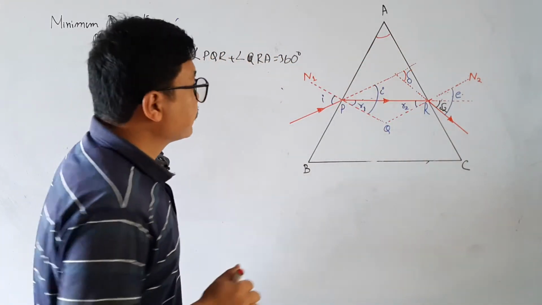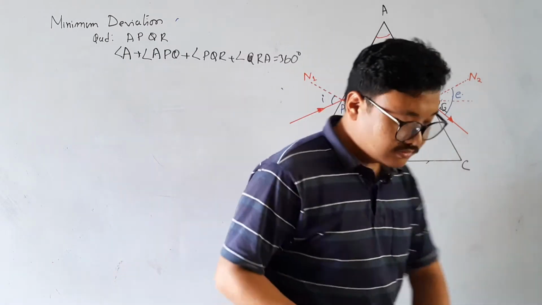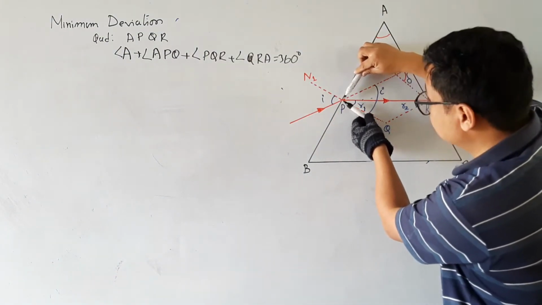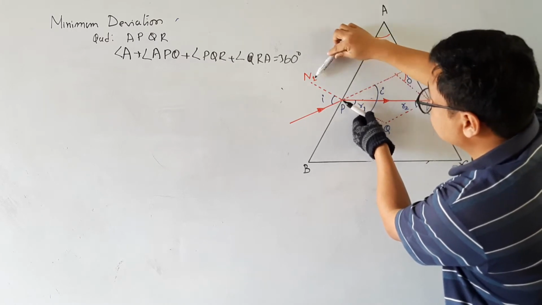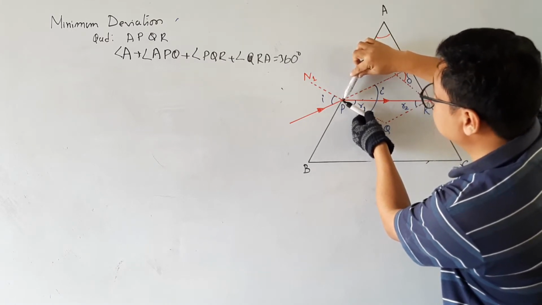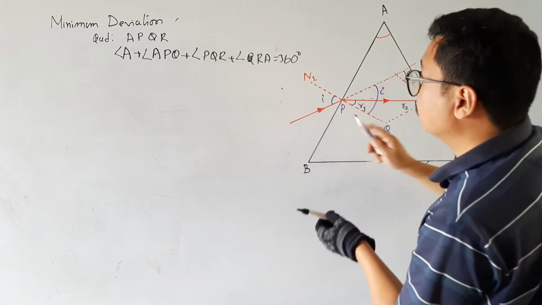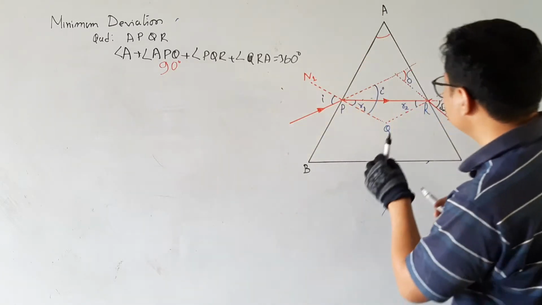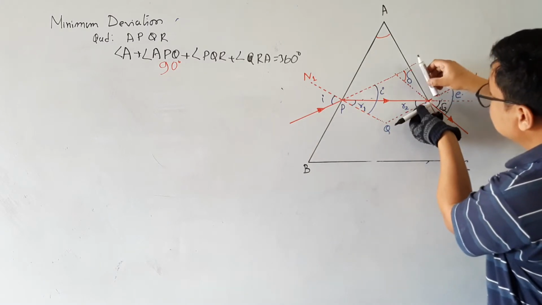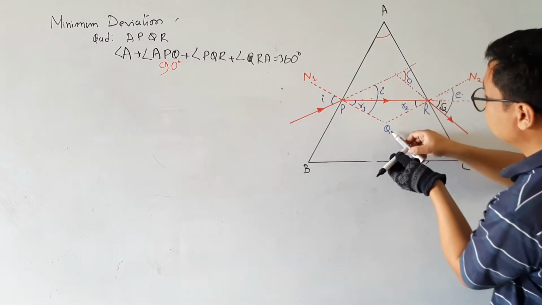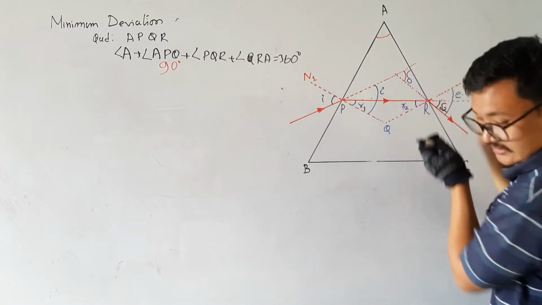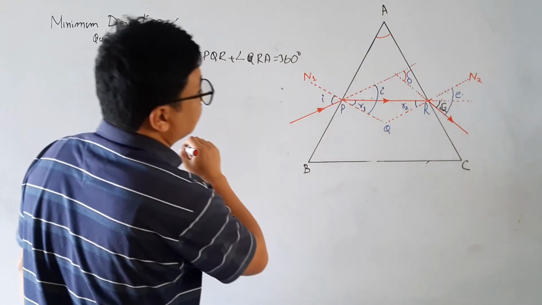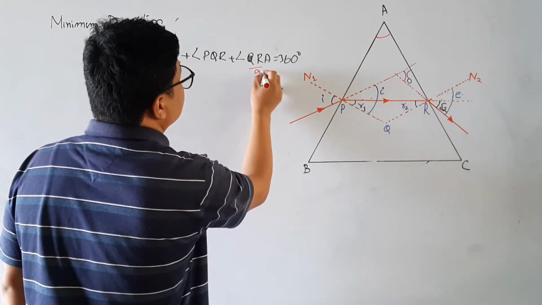But what is this angle? How much is this angle? This is the normal, and this has to be 90 degrees. Means APQ is 90 degrees, and this angle, QRA, is again 90 degrees.